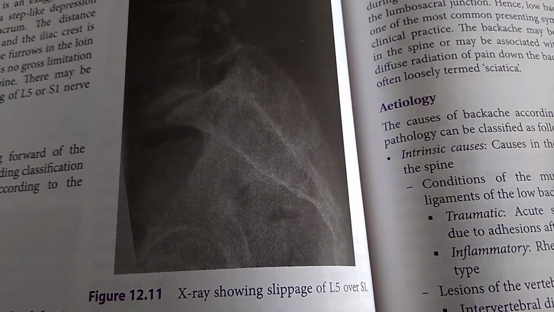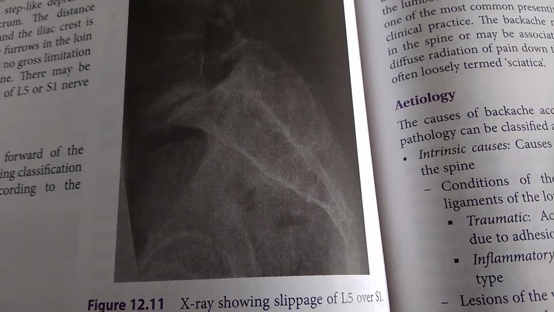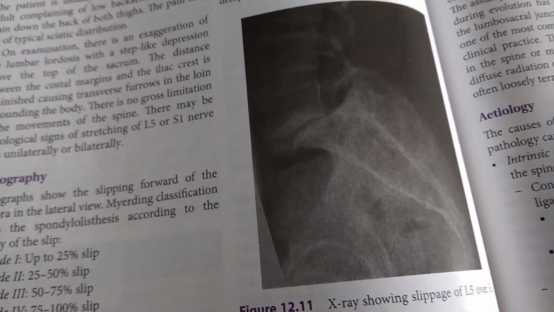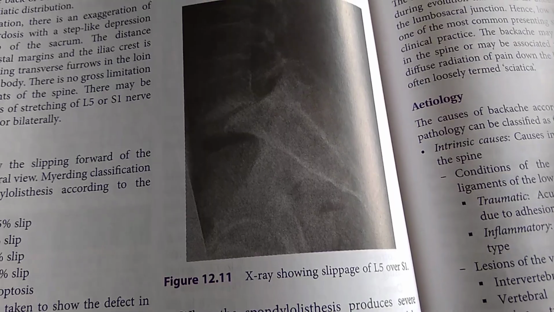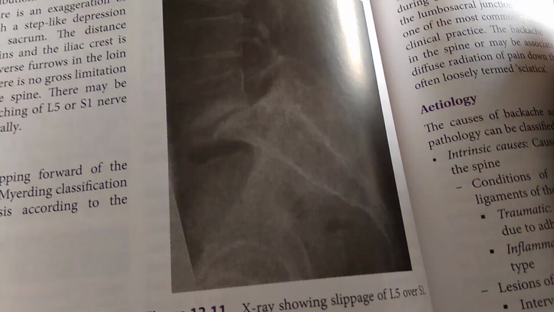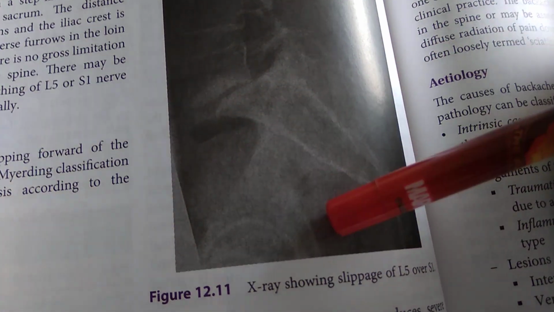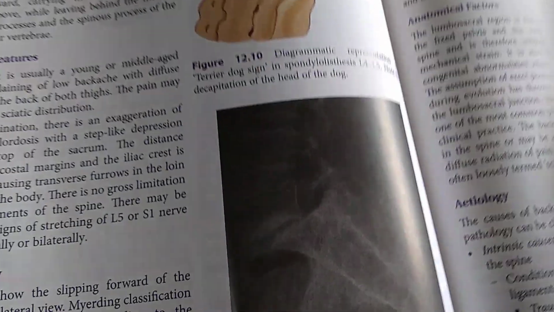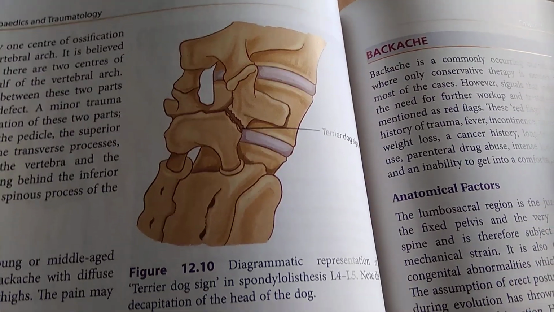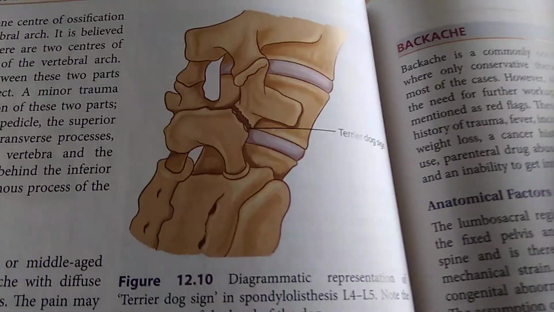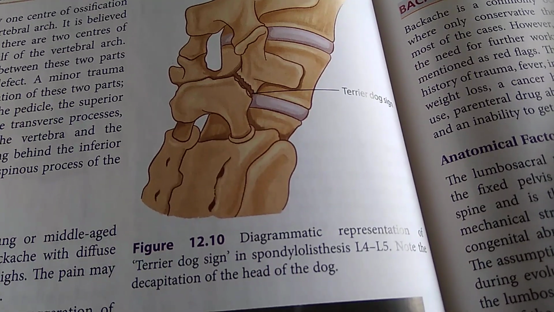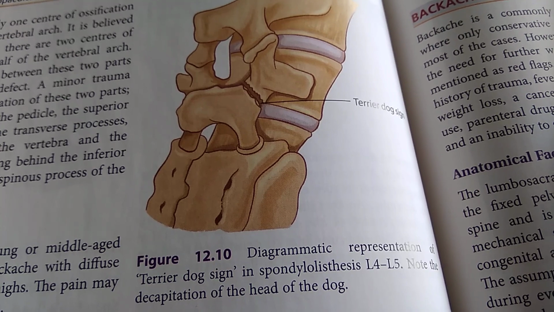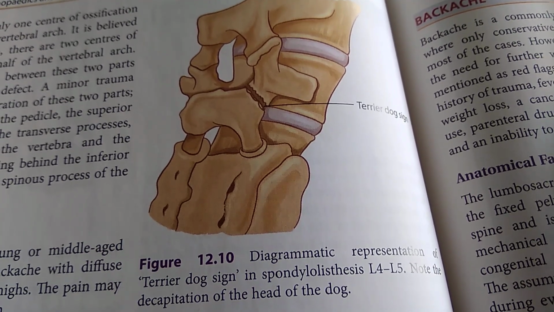What is this? X-ray showing slippage of L5 over S1. Hold on. Is it clear at all? Here you have the vertebral column. If it's clear for you. Then what is this? Diagrammatic representation of terrier dog sign in spondylolisthesis, L4, L5.